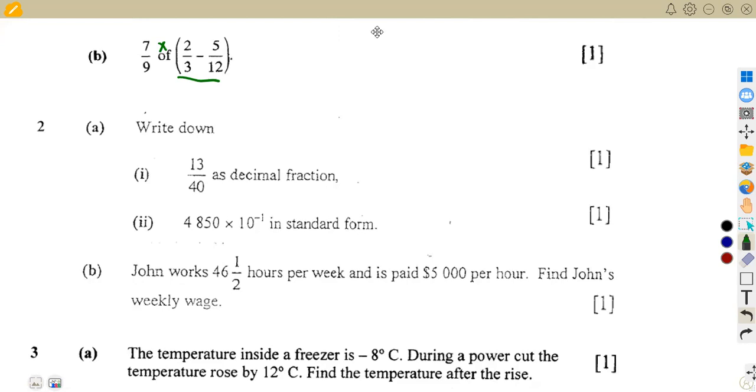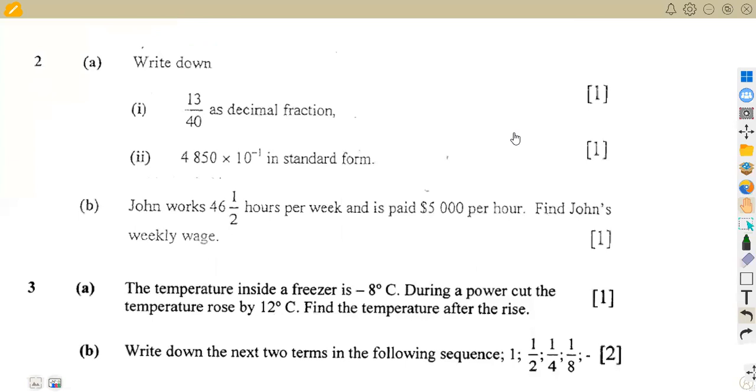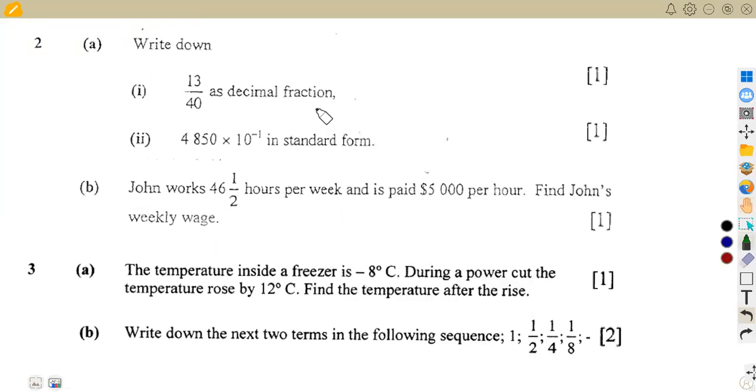All right. Is there anyone who is having a different answer? A different answer is fine. Okay. What about 13 over 40? Excuse me. Yes. I got 13 over 40. I got 325.